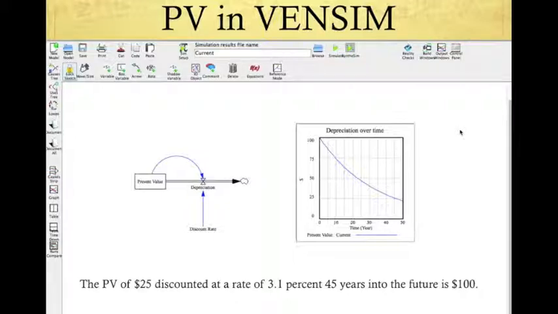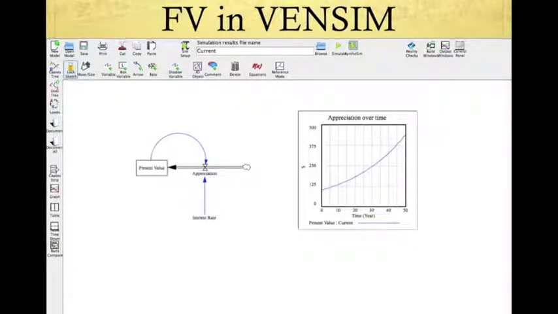You can think about the parallel question, or the question asked the other way around, which is the future value, and you can also do this in Vensim. Imagine that you invest an amount, again let's say $100, and how much that investment appreciates into the future at a given interest rate.